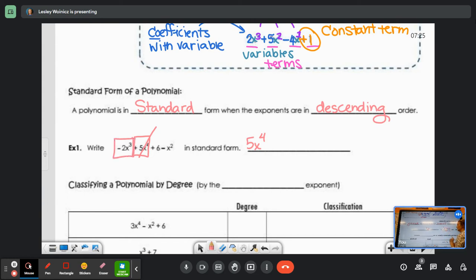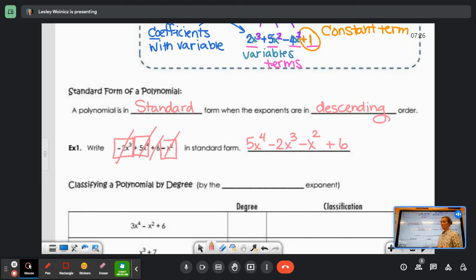It's negative 2x to the 3rd. So the 3 is the next highest power. So I write him next. Notice that I keep the negative sign in front of the 2. Don't drop the negative sign. It has to stay with the 2. That is part of that coefficient. All right, next is the negative x squared. And last, the plus 6.